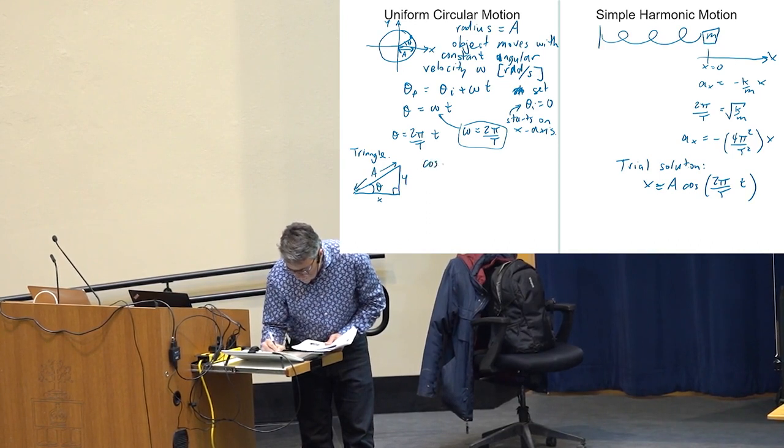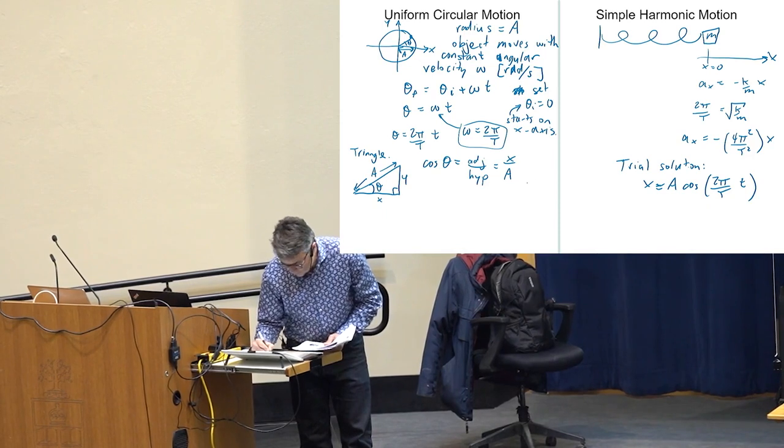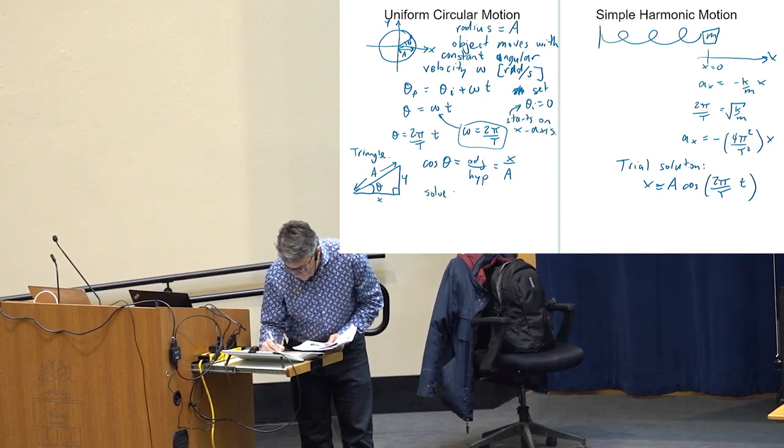So the cosine of theta is equal to the adjacent divided by the hypotenuse, which is equal to x divided by A. Solve for x: x is equal to A times cosine of theta.